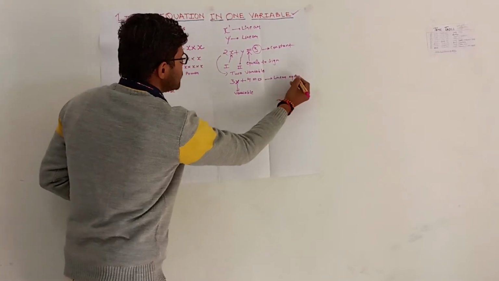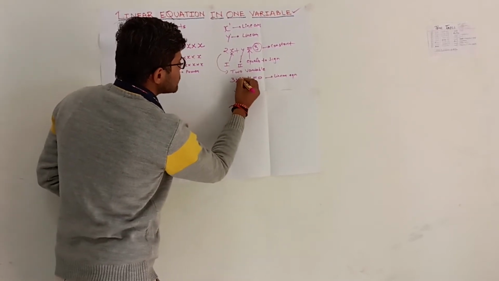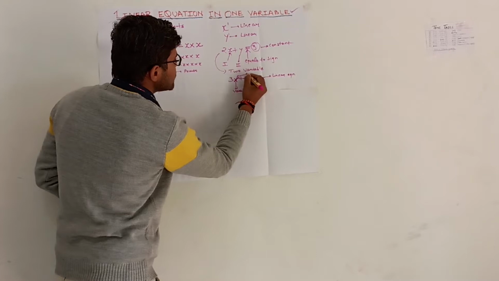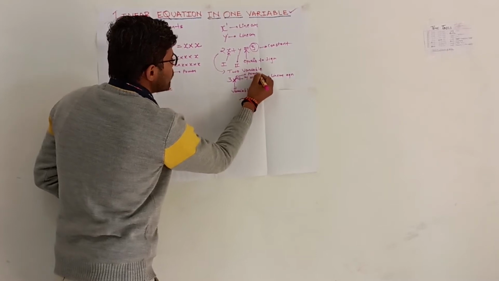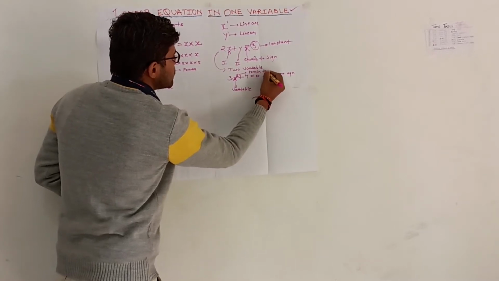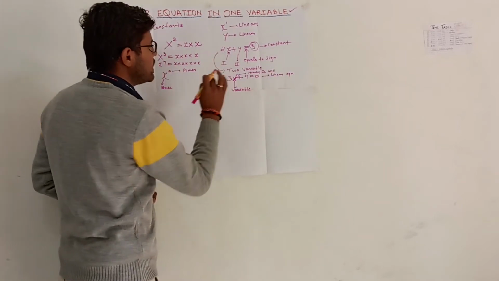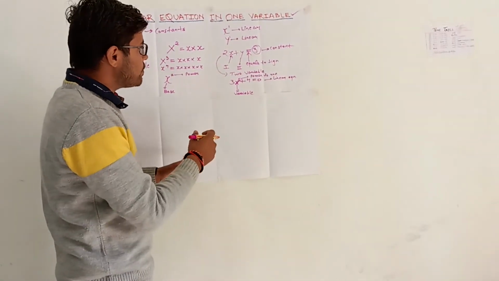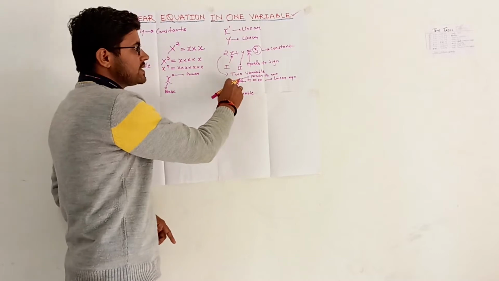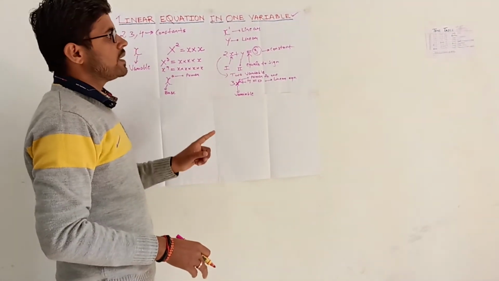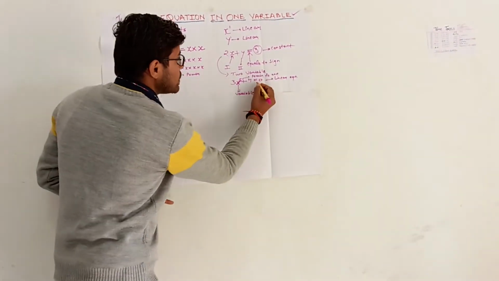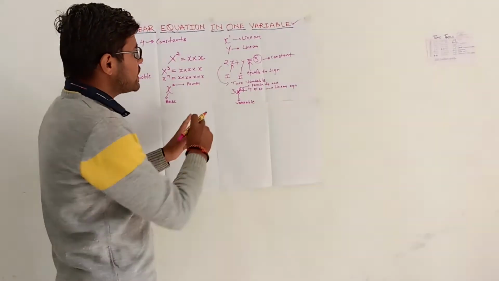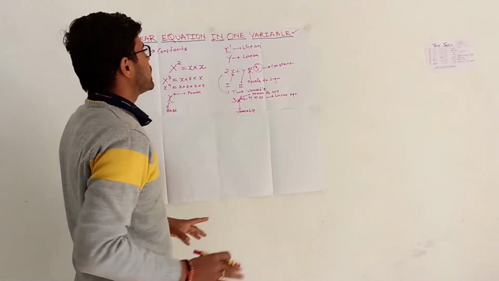Why linear equation? Because the power of x is 1. Why one variable? Because we don't know the value of x in this equation. Why is it an equation? Because there is an equal to sign. That's why this is known as linear equation in one variable.